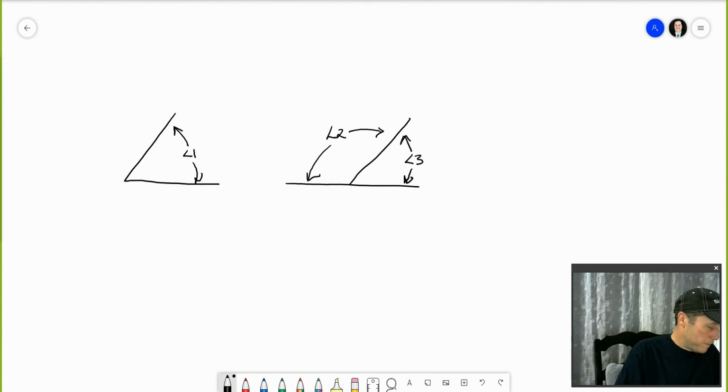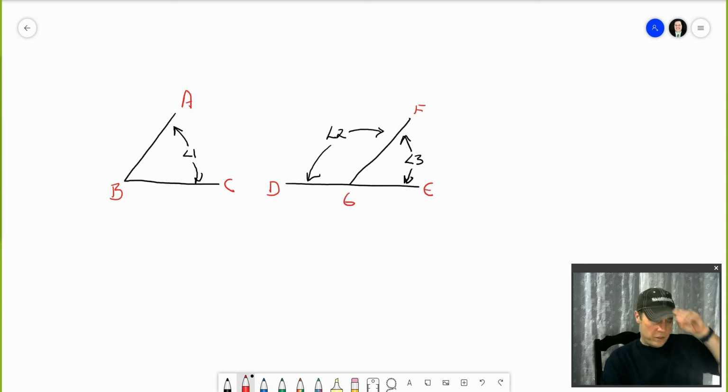All right, and let's label these as well. Okay, so we label every point so we know what we're talking about.